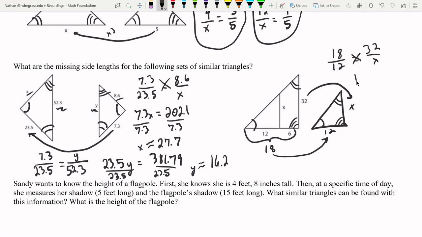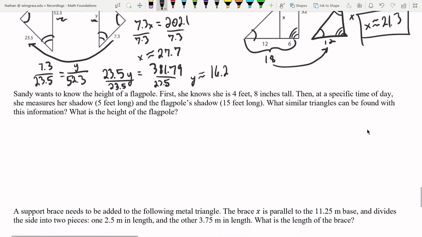I can cross multiply and divide now. 18x equals 32 times 12, which is 384. Divide by 18 and I get x equal to approximately 21.3. It's actually 21.3 repeating, so 21 and a third. That is the scaled side length.